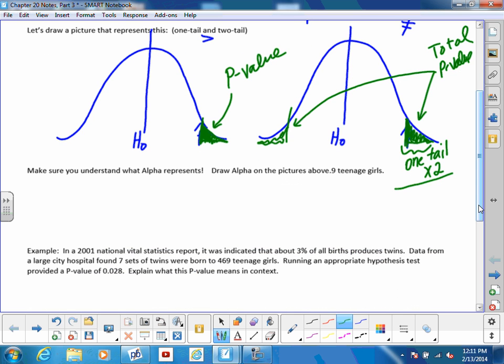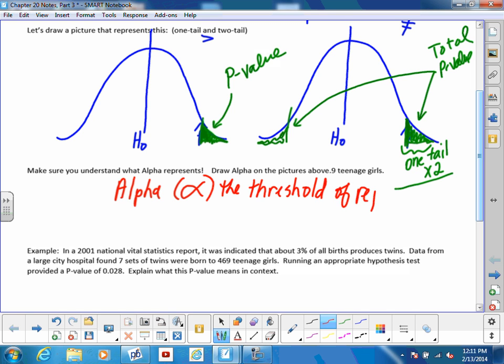So now, let's talk about this next thing that we've referenced. We went through the test, and we were just throwing out things like p-value and alpha. Let's make sure we really have that solidified. Alpha, which we represent with this symbol here, is basically the threshold of the rejection region.